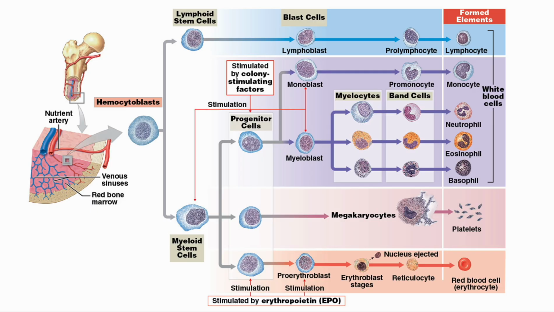So let's just take a look at this great diagram that's in your textbook. Here we are in the red bone marrow, where we have our hemocytoblast stem cells. Again, they can divide using mitosis to form either lymphoid stem cells or myeloid stem cells. That will depend on the chemical signaling that they receive. The lymphoid stem cells will ultimately form lymphocytes.